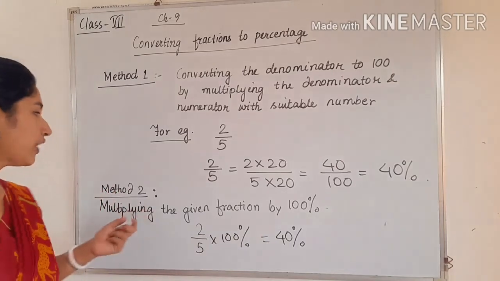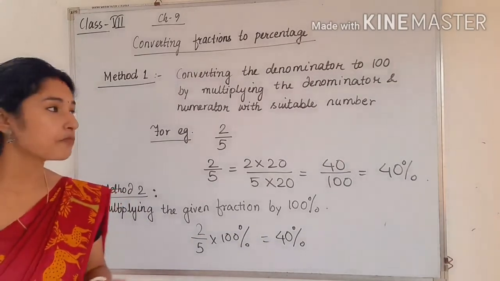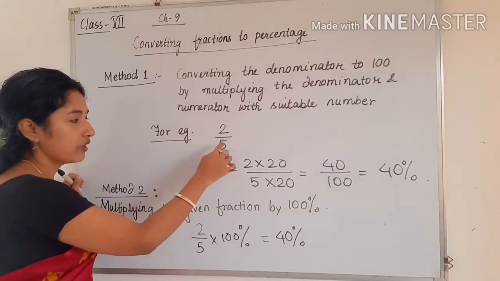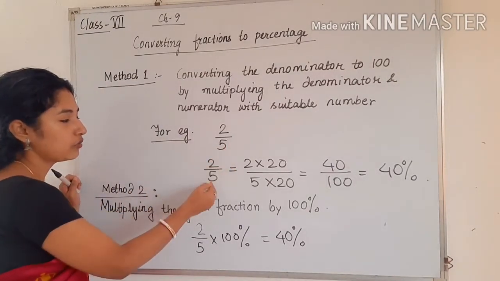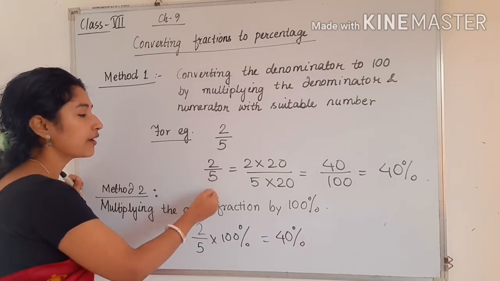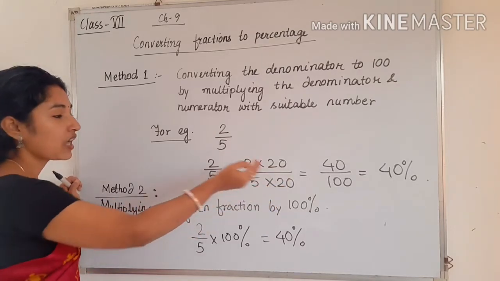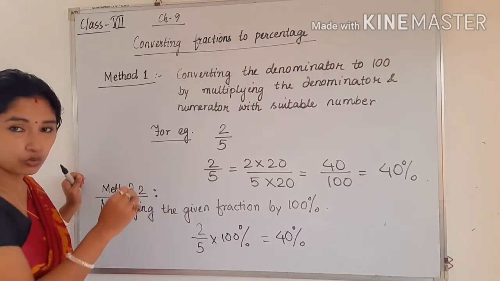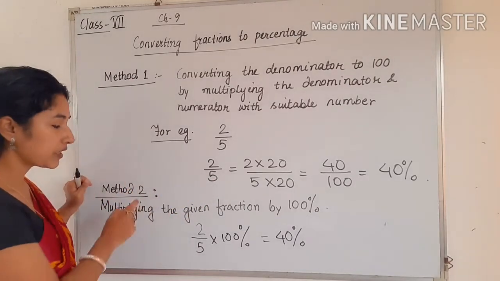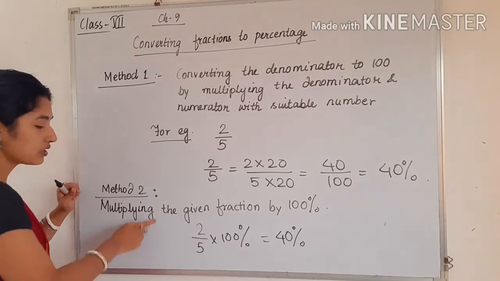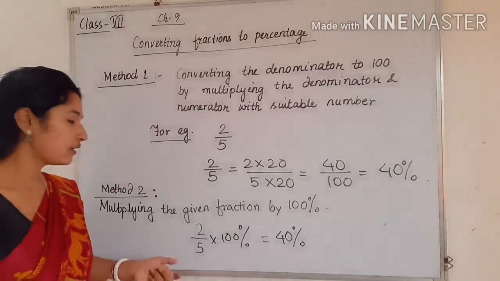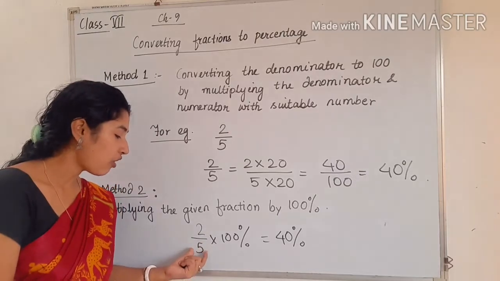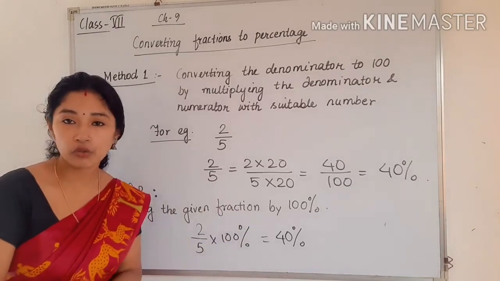So why are we using two methods? In method 1, the denominator is 5. If the denominator is 5, you can easily convert it into 100, because 100 is a multiple of 5. Why are we using method 2? Because sometimes it may happen that some number is in the denominator and a multiple of that number may not be equal to 100.